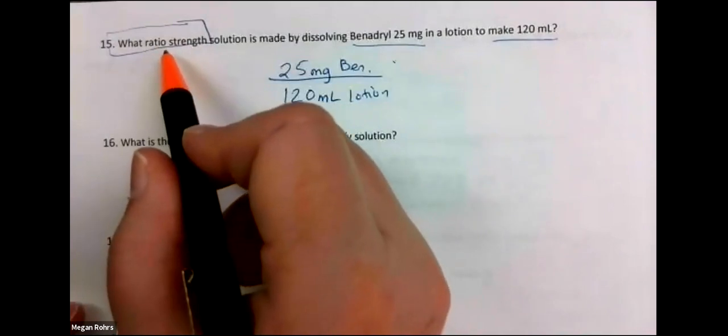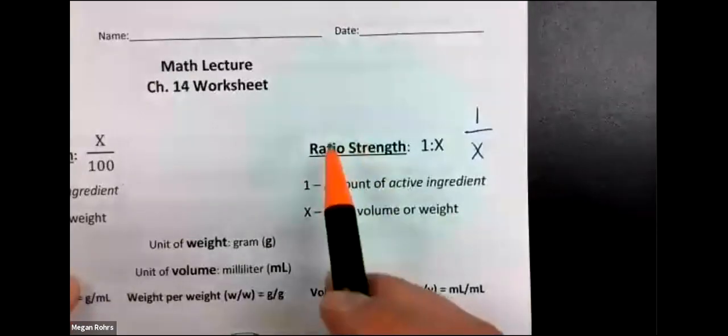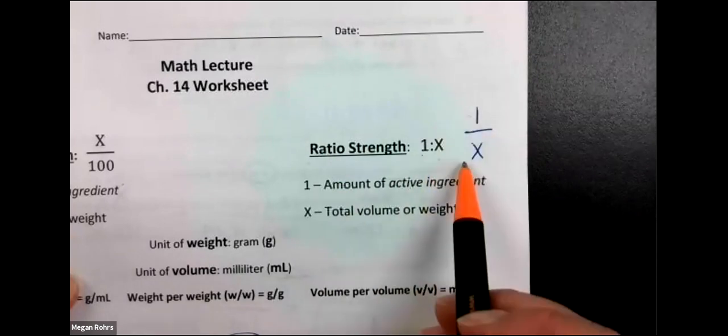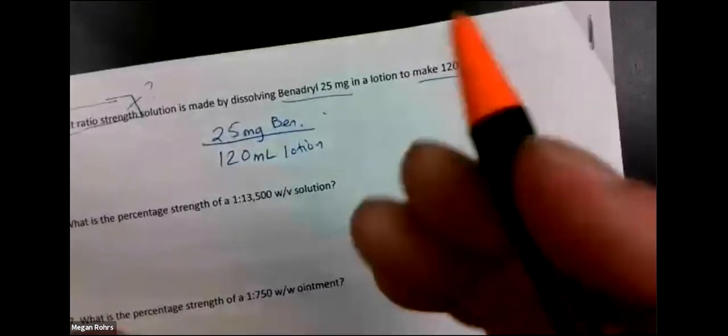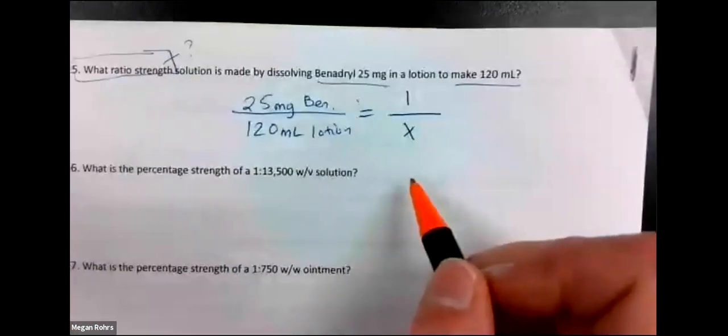Now we're solving for what is the ratio strength. Now remember, ratio strength is always 1 to x or 1 over x. So what we can do is set this equal to 1 over x.